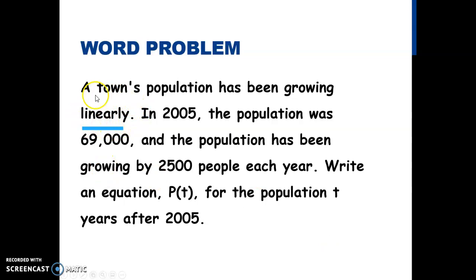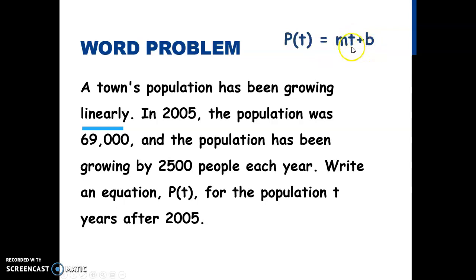Oh, look at right there. Linear was one of the key words in that very first sentence. That means the formula I want to make is going to be MT plus B. So instead of X, I'm using T here. That's my goal, make this formula.